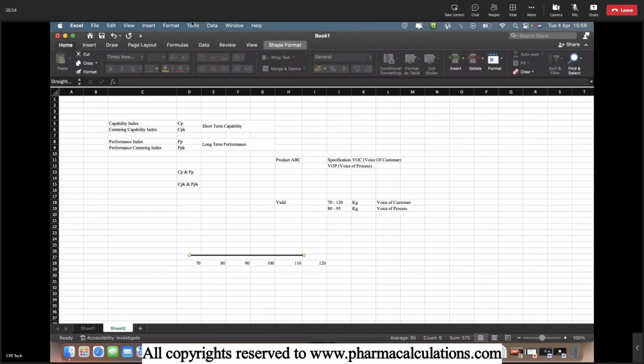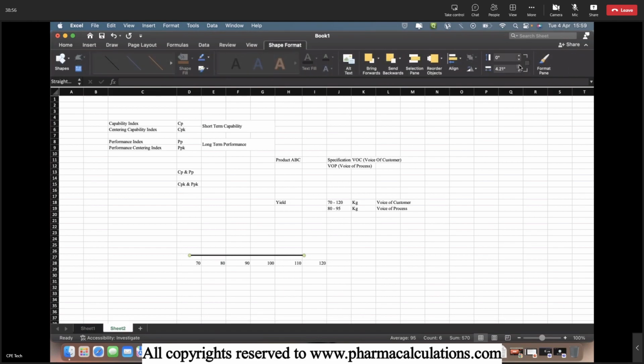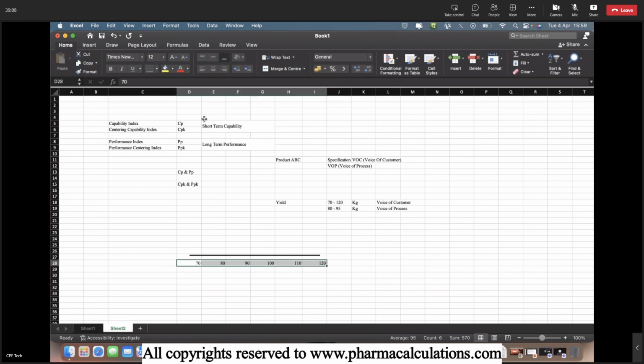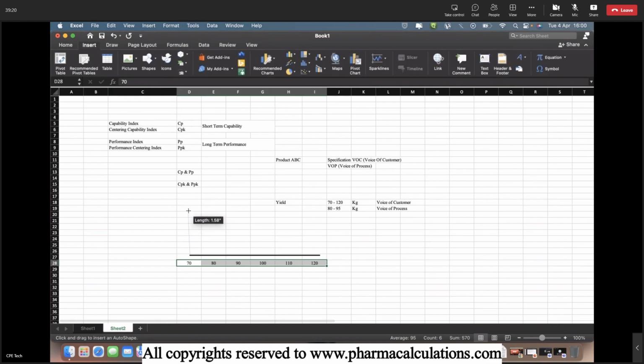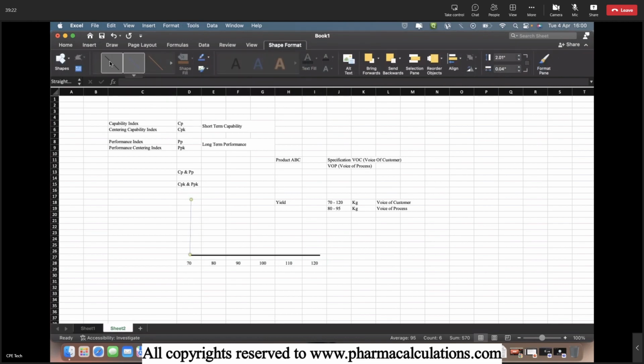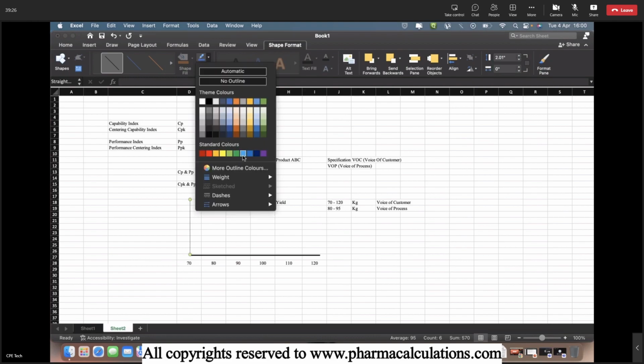So let's say this is the axis, and on the x-axis we are going to plot the yields, 70 to 120. This is the yield range, and I have plotted these yields on the x-axis. These are going to be the specification limits. So where exactly do we want to get?